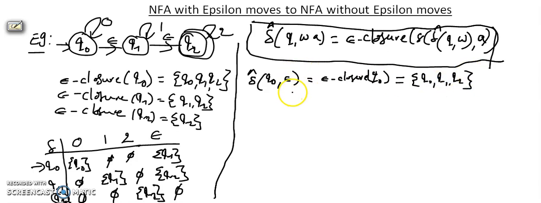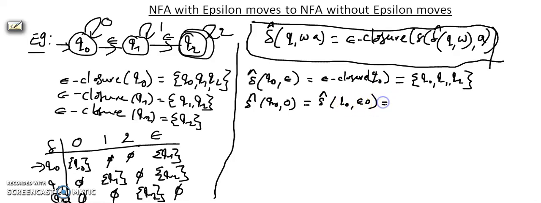Once you find delta cap of Q naught comma epsilon, the next input is delta cap of Q naught comma 0. So assume that before 0 there is epsilon: delta cap of Q naught comma epsilon 0.